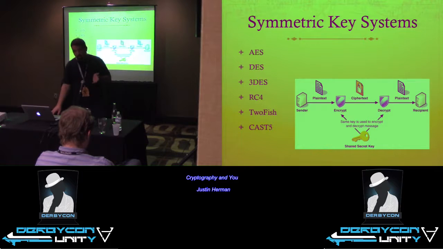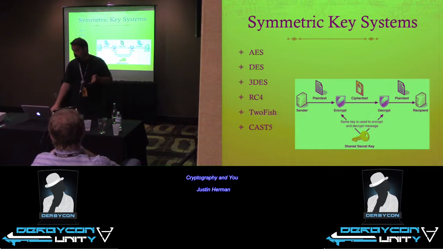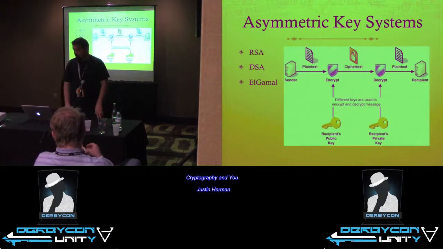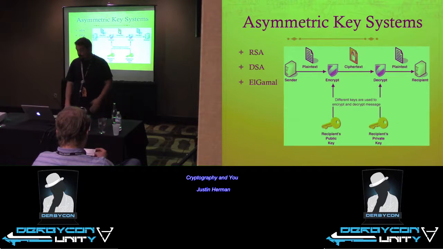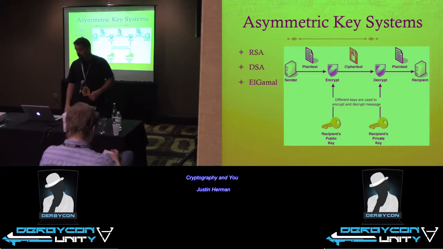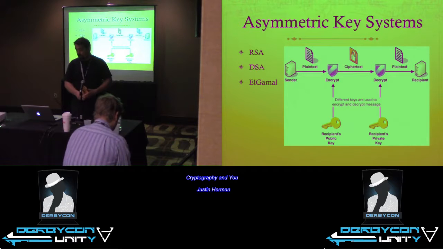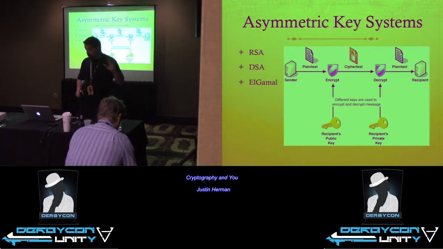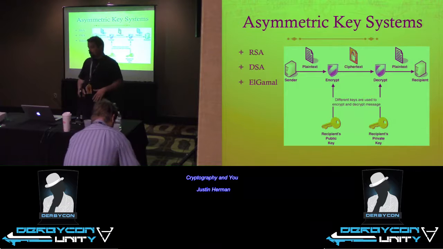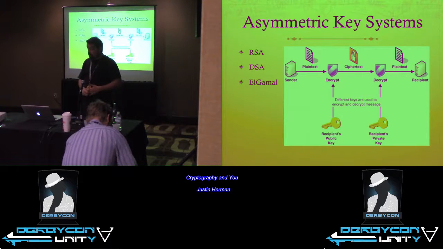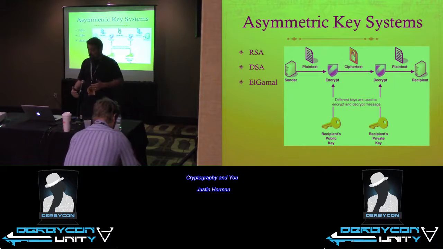Asymmetric is a little more complicated, but it does bring some interesting features to the party. And that is that we both have, like I said, a public and a private key, and that's used in RSA, DSA, ElGamal. There are several other methods that are used to calculate this, and that uses something to both encrypt and decrypt.